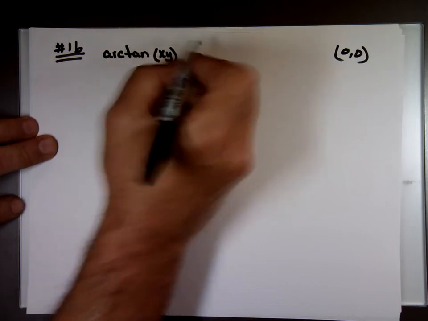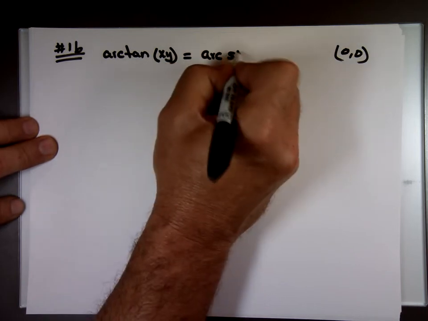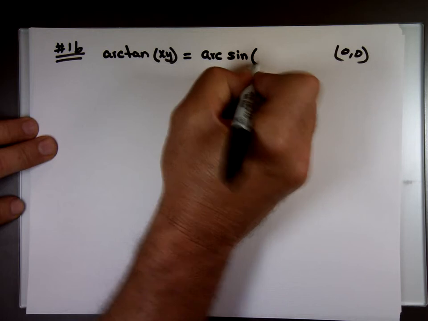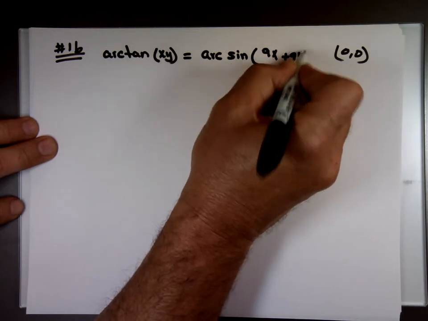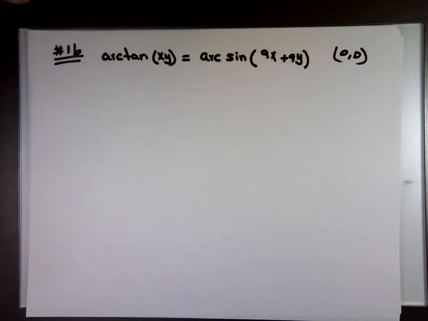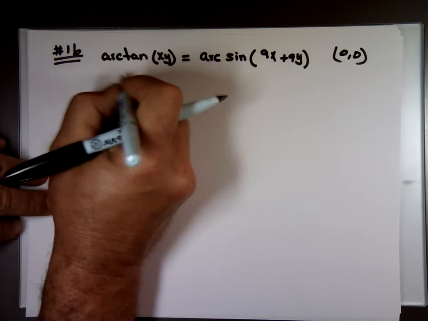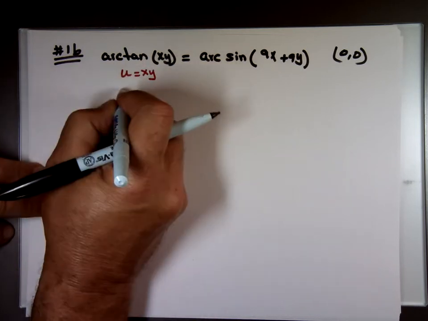equals arcsine 9x plus 9y. Let's talk about the derivative of that. So for the tan, u is actually xy. The derivative of that is going to be what?